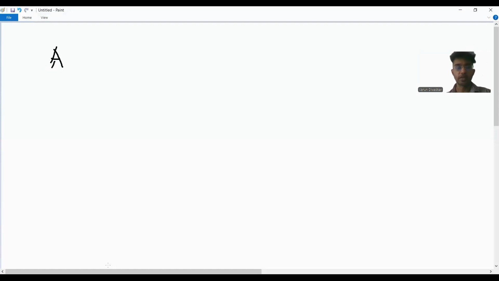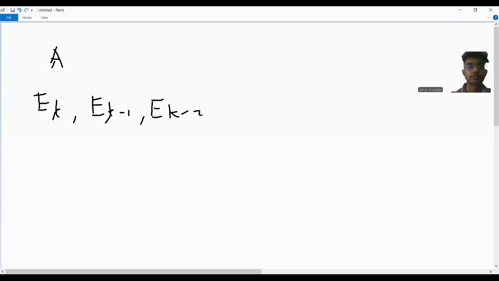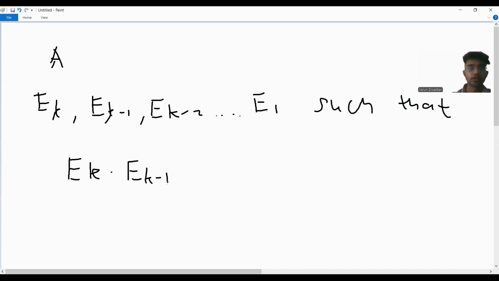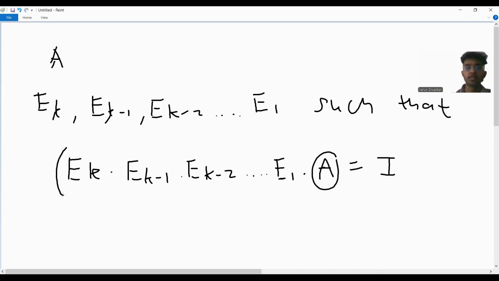And then let's say you have a sequence of elementary matrices, which are Ek, Ek minus 1, Ek minus 2, dot, dot, dot, E1, such that Ek into Ek minus 1 into Ek minus 2 all the way until E1 multiplied by A equals I. So suppose there's a matrix A, and if you perform all these matrix transformations one after the other on matrix A, that gives you the identity matrix I. If this is the situation, right?